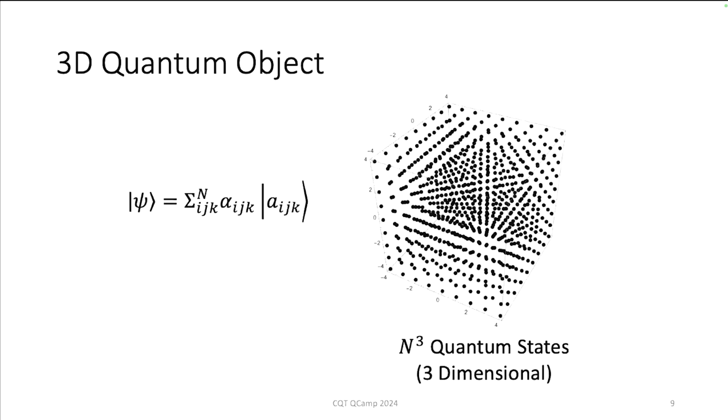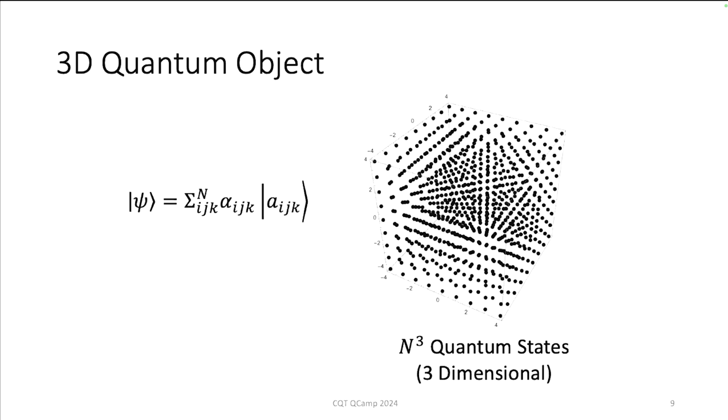Then we can have 3 dimensions. So this quantum object is basically a linear combination of all of these quantum states. We have n to the power of 3 quantum states, n meaning the number of states in one dimension, and this n to the power of 3 is just the total number of quantum states in this grid here.